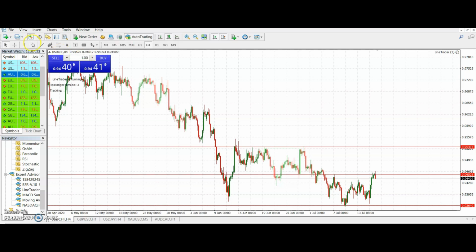Maybe I'll have a trend line like this, and I would say if price breaks this trend line, I want to buy. So this robot also allows you to enter trades on your behalf when price crosses.